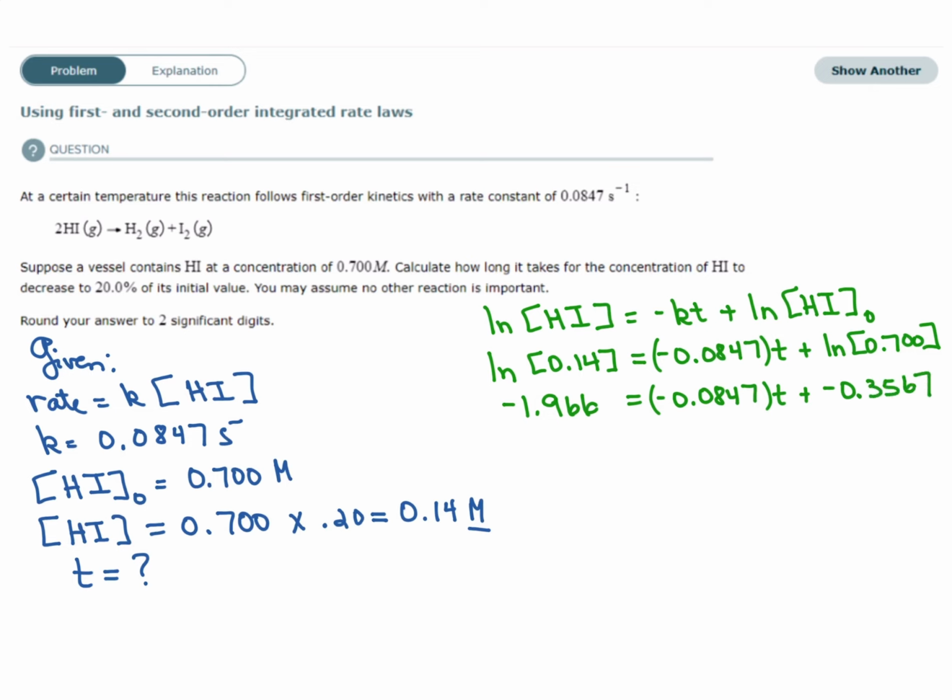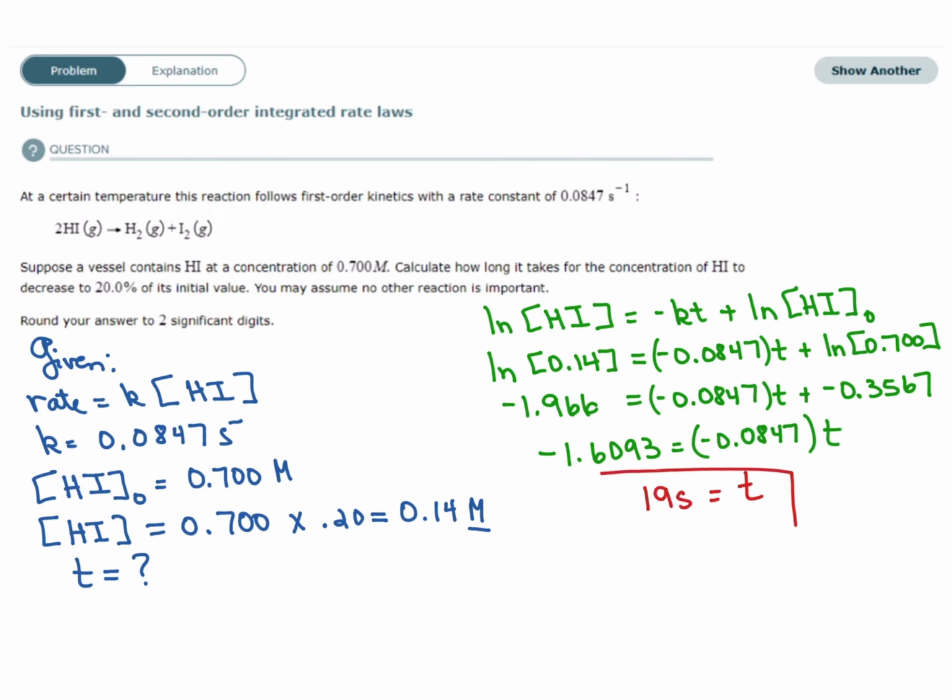I'm going to get my constants to one side. And I'm going to divide by negative 0.0847 on both sides. And I'm going to make sure my final answer has 2 sig figs.